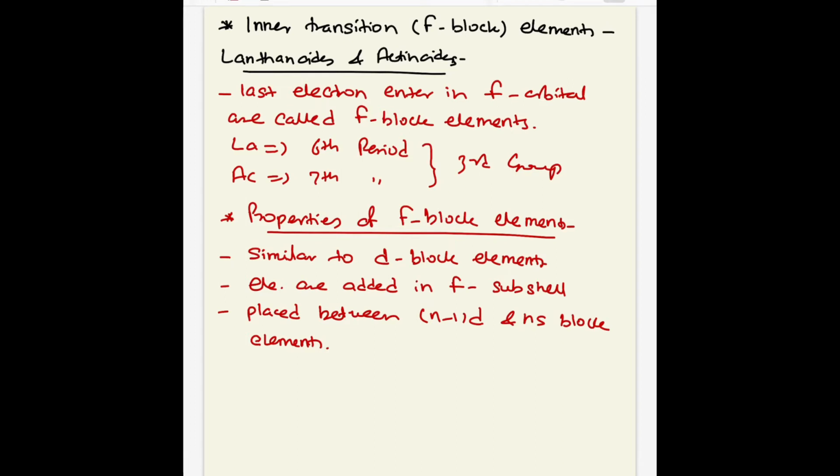Lanthanoid elements start from atomic number 57 to atomic number 71, and these are known as rare earth elements.